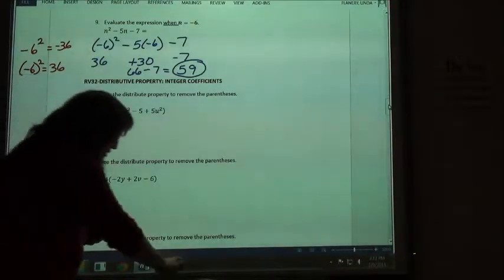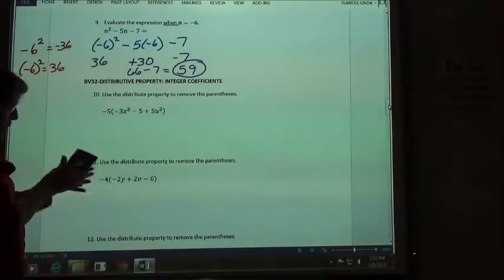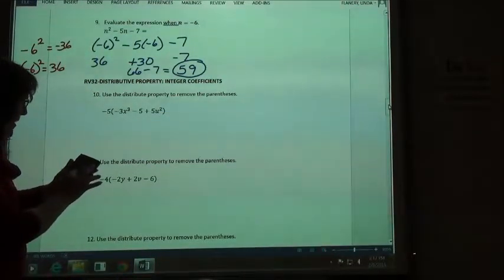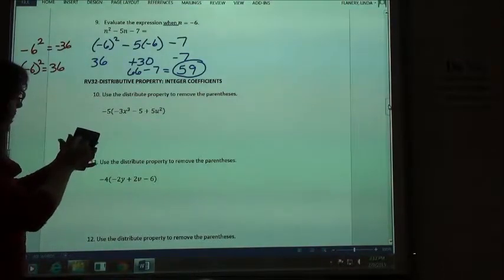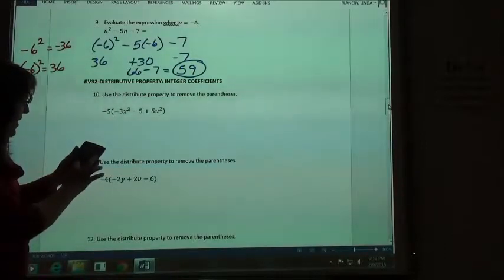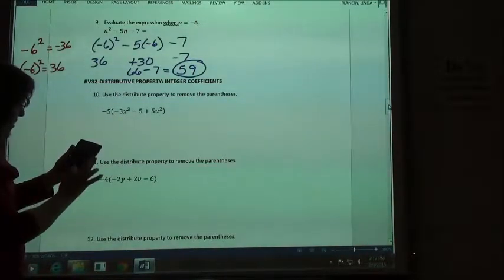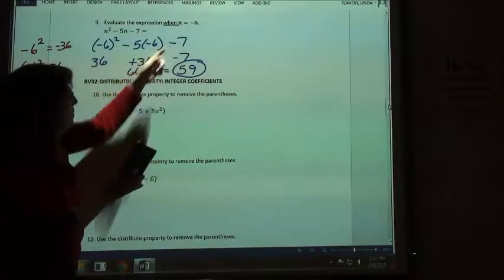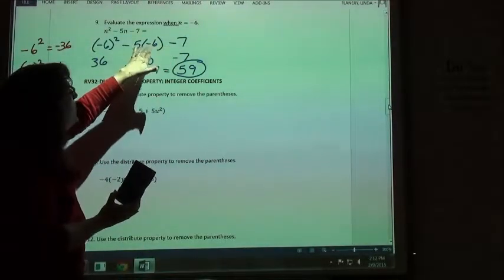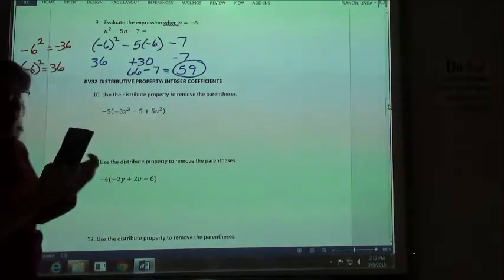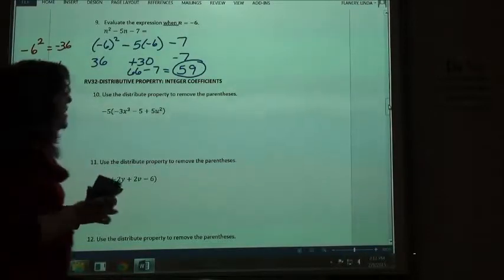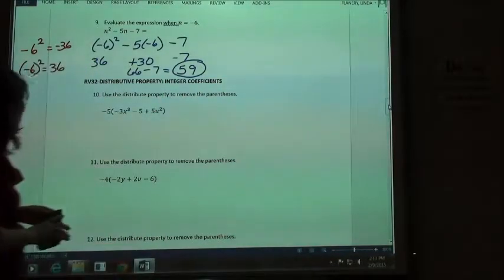So if I'm going to check this one with my calculator, I'm going to put parentheses, negative 6, close my parentheses, hit my x squared, so I have negative 6 squared, just like that, minus 5, and then in parentheses, my negative 6, close my parentheses, then the minus 7 on the end, minus 7. And again, if you don't know if it's a minus or a negative, use the subtraction key on the Casio. It will take it either way. And once I hit equals, I should get the 59.